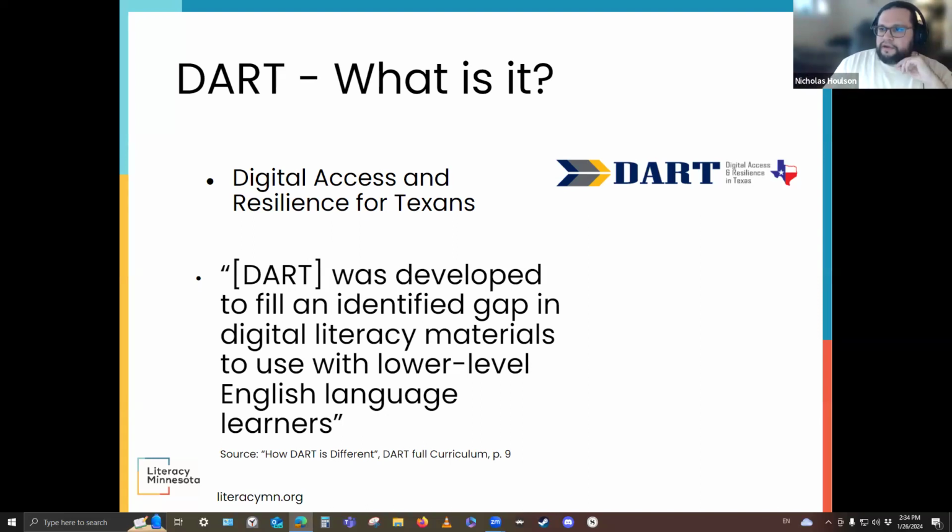Or if they are even pre-numeracy, before numbers, how do they understand something like a number pad at an ATM machine? DART is looking at these very foundational digital literacy skills. I, however, am not teaching in Texas. So technically, when I use this curriculum, I'm teaching DARM, Digital Access and Resilience for Minnesotans.